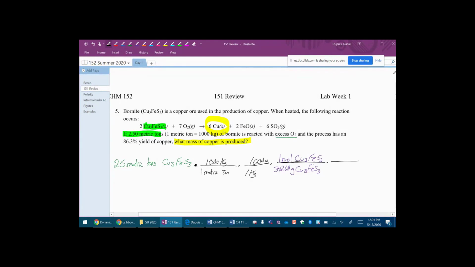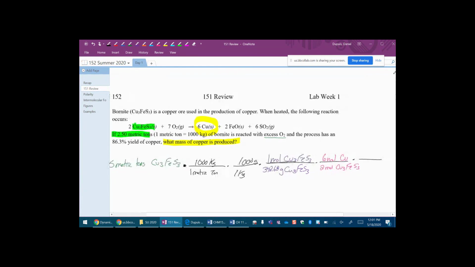So we know 2 moles of Cu3FeS3 makes 6 moles of Cu. We're not done yet. We know 1 mole of Cu is 63.55 grams of Cu.